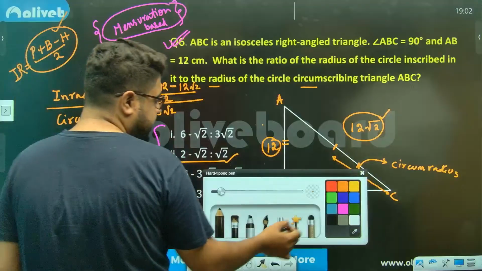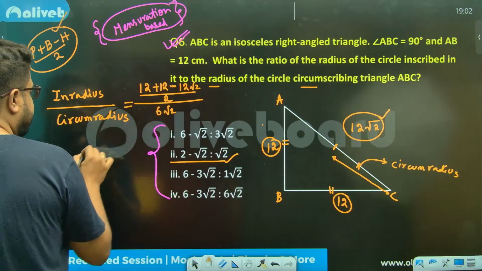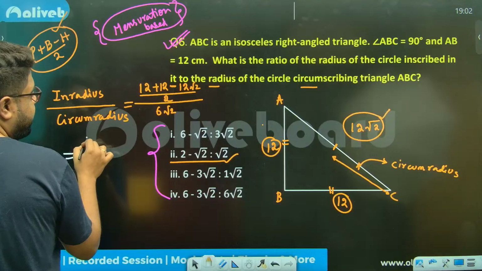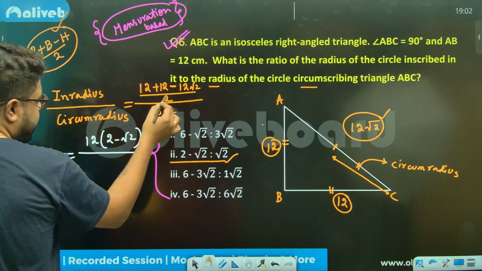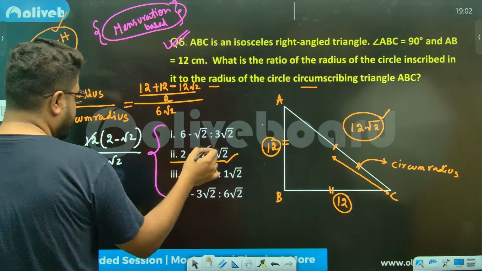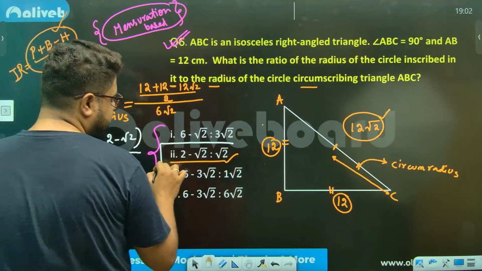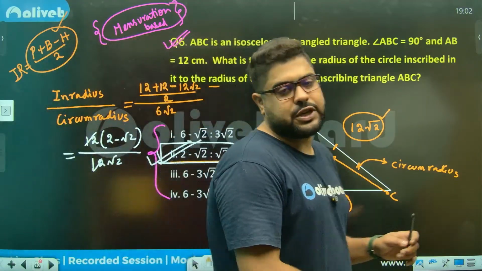You just put the value and do a little bit of calculation. This will become 24, so I can take 12 common: 12 times (2 minus root 2) divided by 12 root 2. So (2 minus root 2) by root 2. Definitely option number 2.